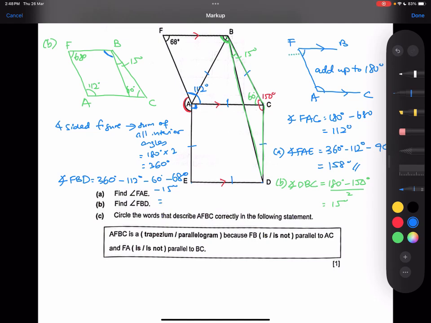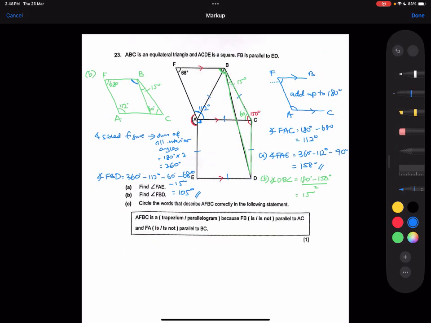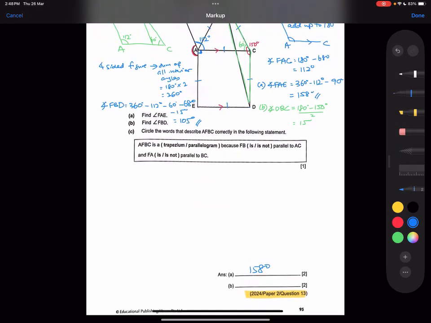Alright, and that will give us 105 degrees. So this is your answer for part B. Alright.